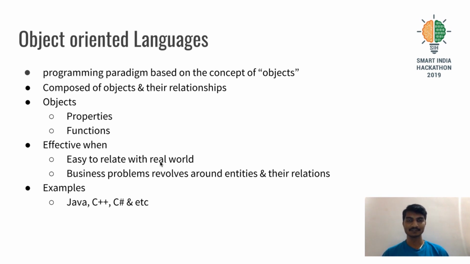For example, whatever nouns we can see in the real world are objects. Human is a class which has common properties and functionalities.